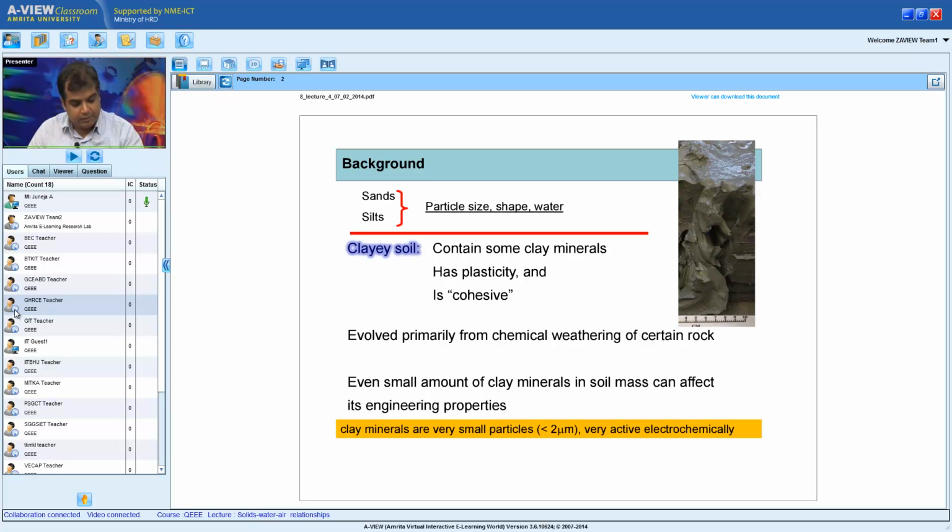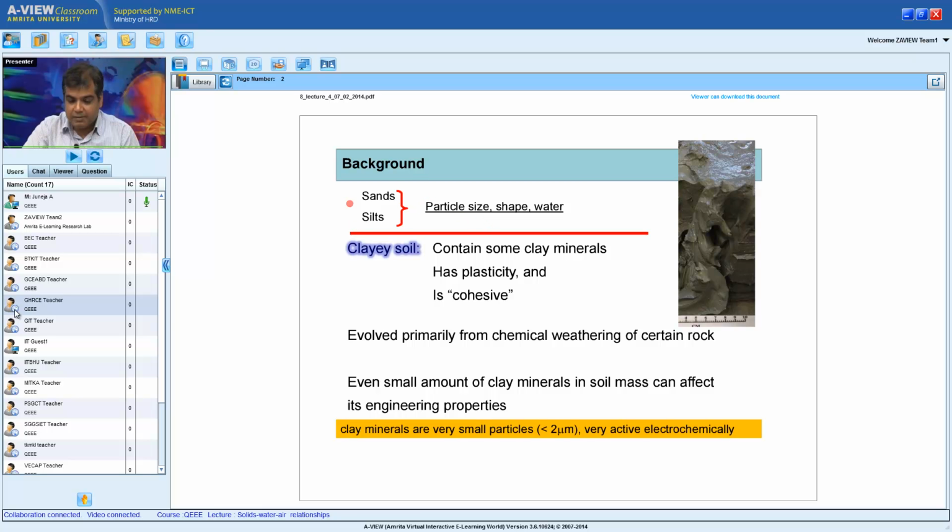A bit of background on what our talk is about. We are aware of sands and silts. I hope by this time some elementary understanding of particle size is known to you, as well as a bit on classification, which will distinguish between sands, silts and clays.